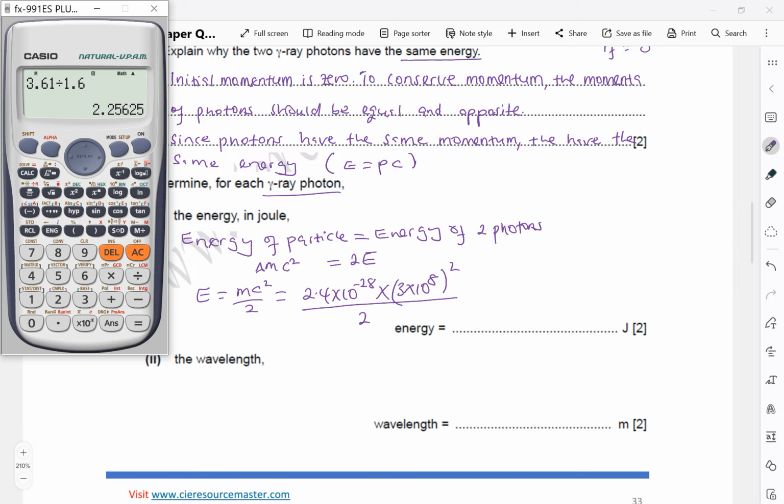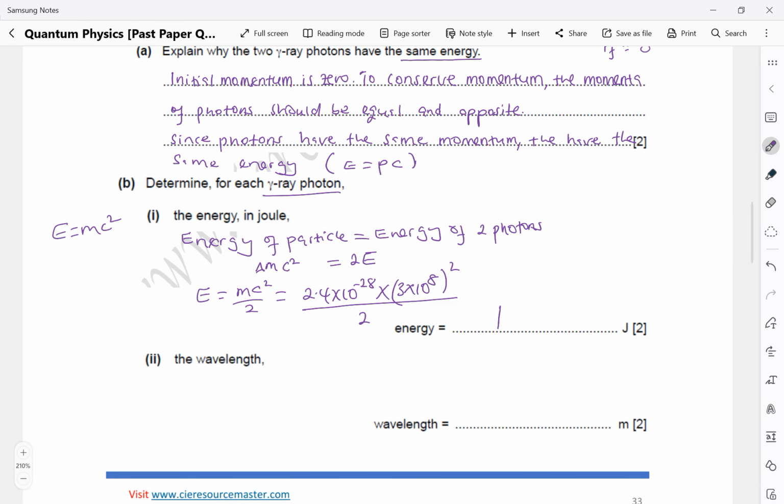From my calculator, 2.4 exponent minus 28 times 3 exponent 8 squared. That is 2.16 divided by 2. That's 1.08 times 10 to the power of minus 11.